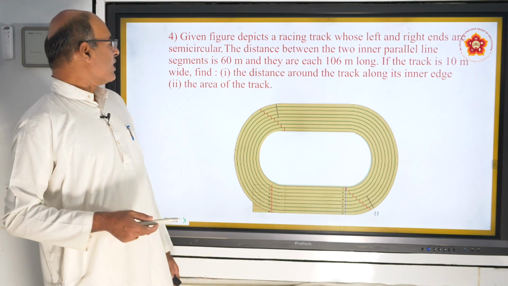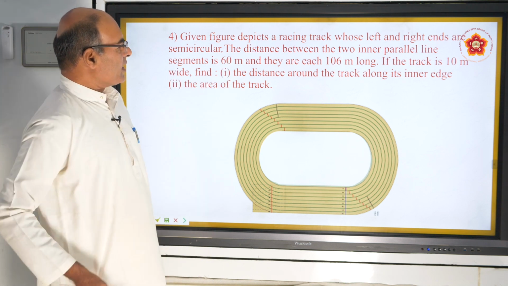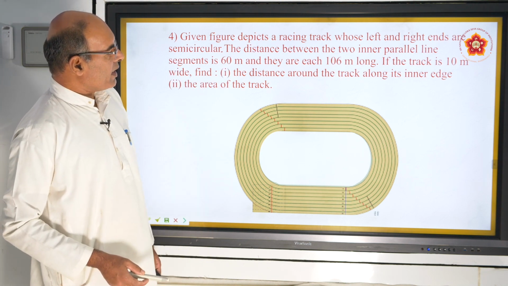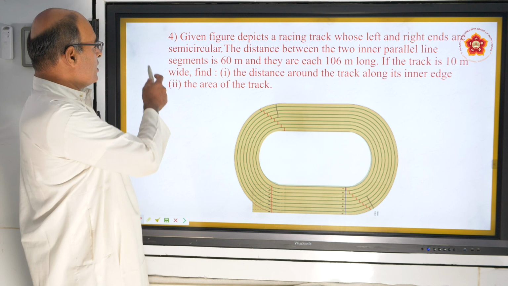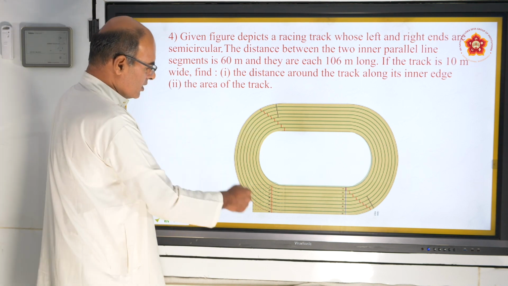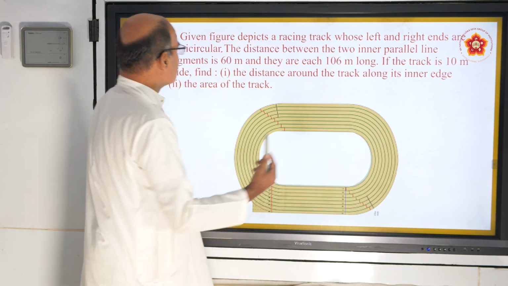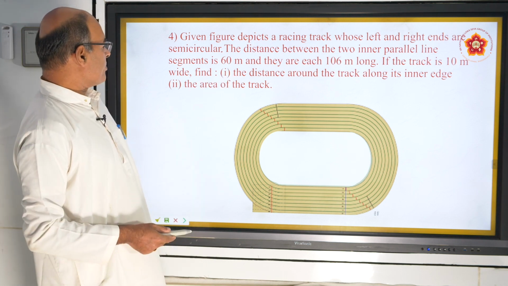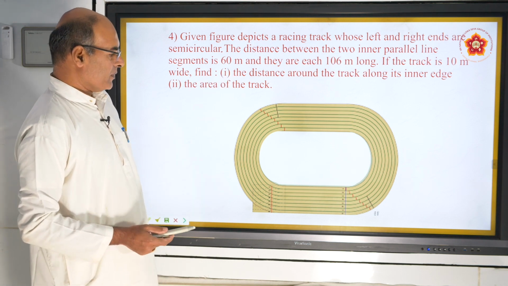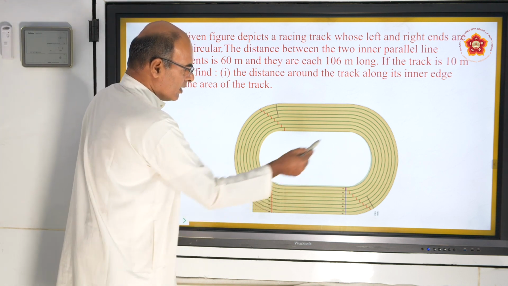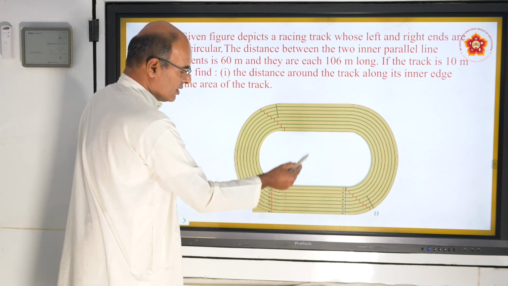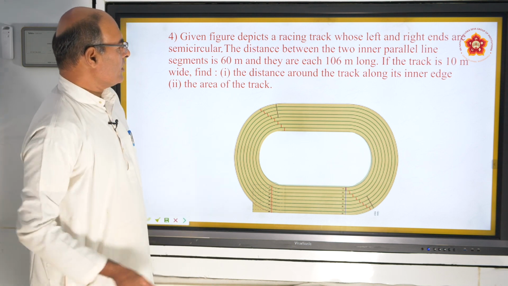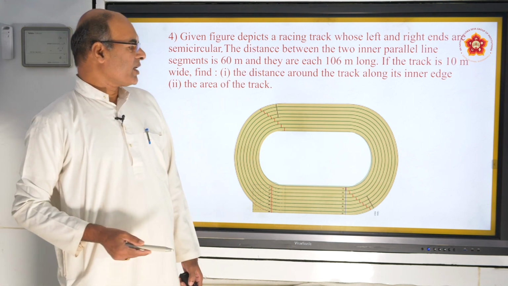Read the question carefully. The given figure depicts a racing track whose left and right ends are semicircular. So this end and this end are semicircular. The distance between the 2 inner parallel line segments is 60 meter, and they are each 106 meter long.